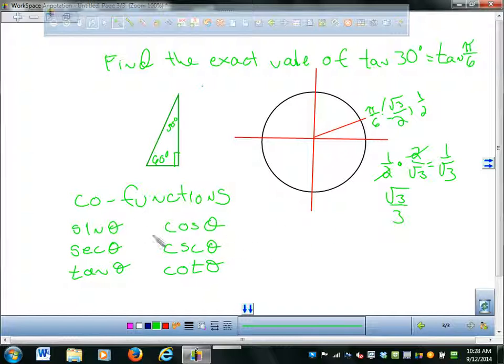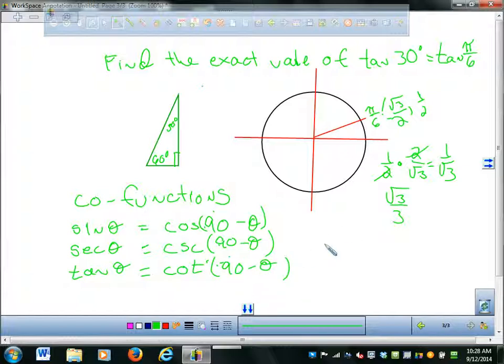So sine of theta is equal to the cosine of 90 minus theta. And secant of theta is equal to cosecant of 90 minus theta, okay? And tangent of theta is equal to the cotangent of 90 minus theta.